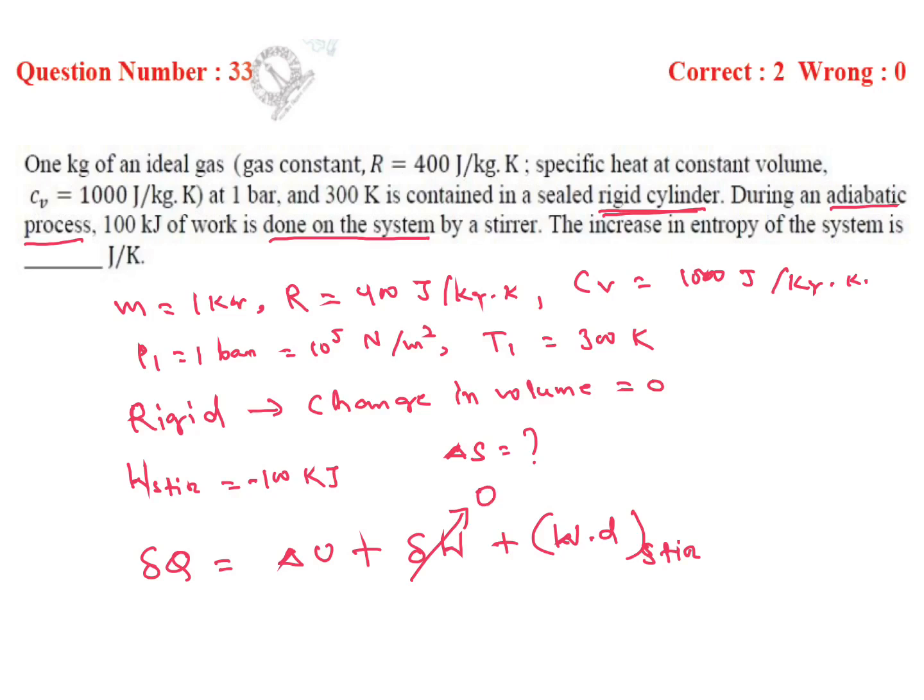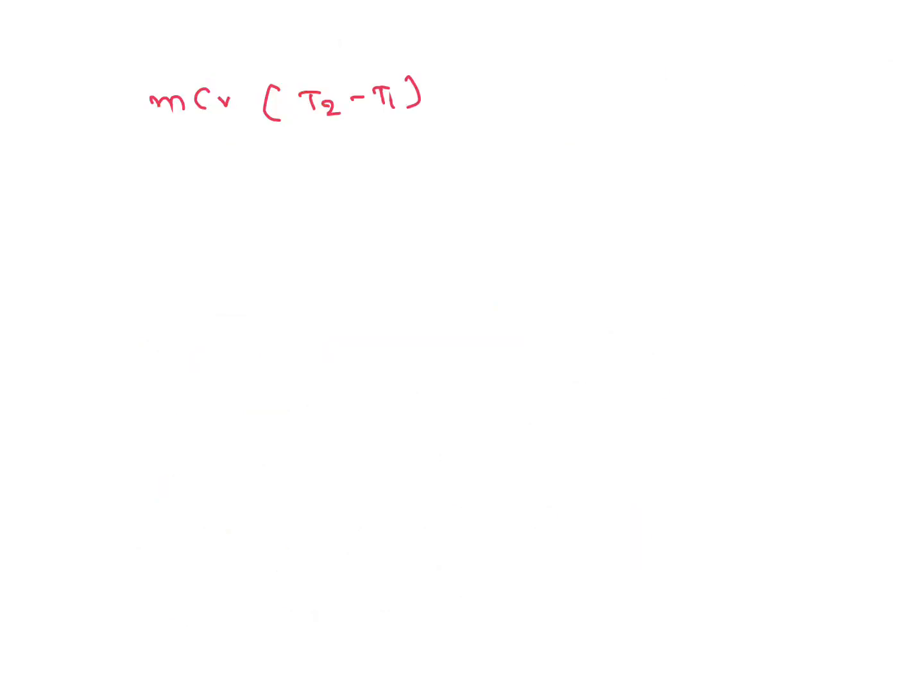Adiabatic, so del Q is 0. So 0 equal to change in internal energy plus work done in stirring. Change in internal energy is m Cv dT. If you integrate, you will get m Cv (T2 minus T1). Work done on the system is minus 100 into 10 to the power 3, in kilojoule, so multiplied by 10 to the power 3, equal to 0.